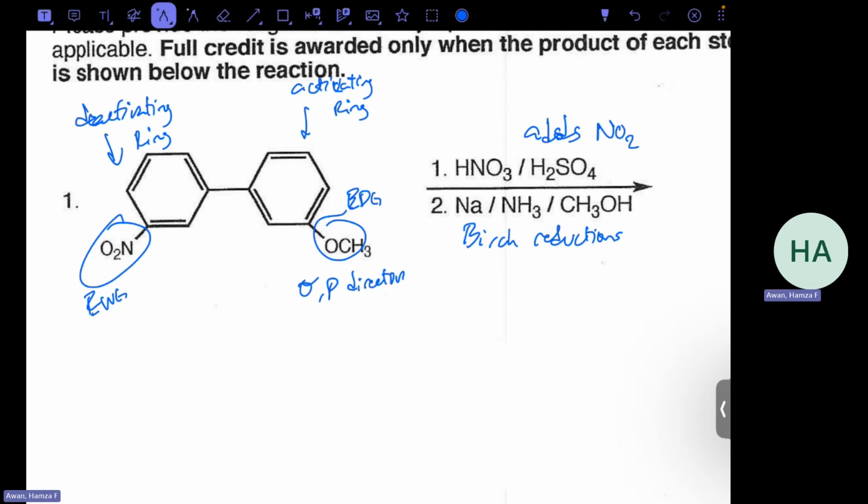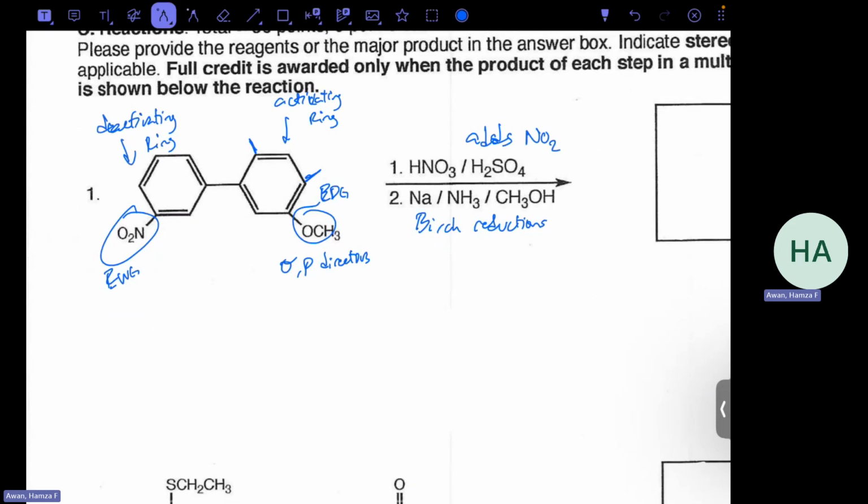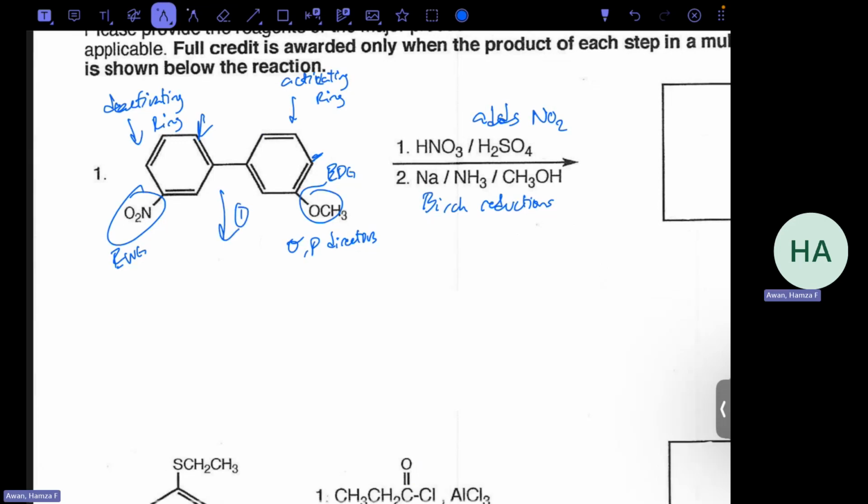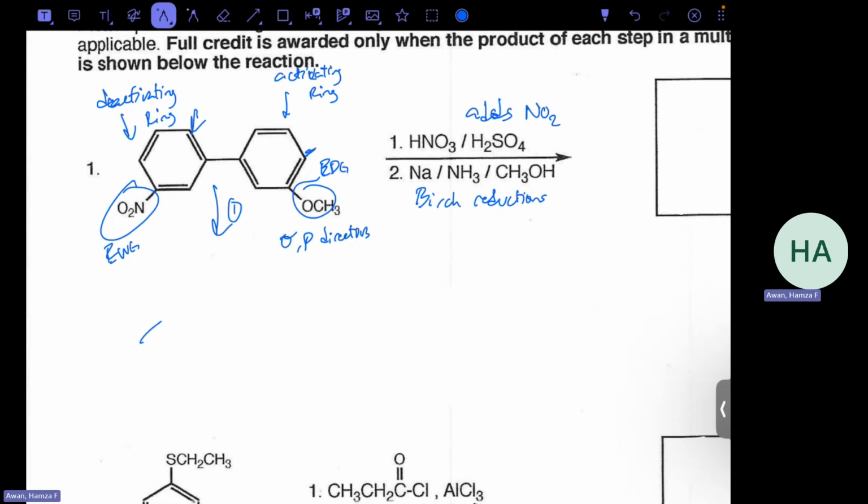So this NO2 is either going to go in a para position or an ortho position, right?